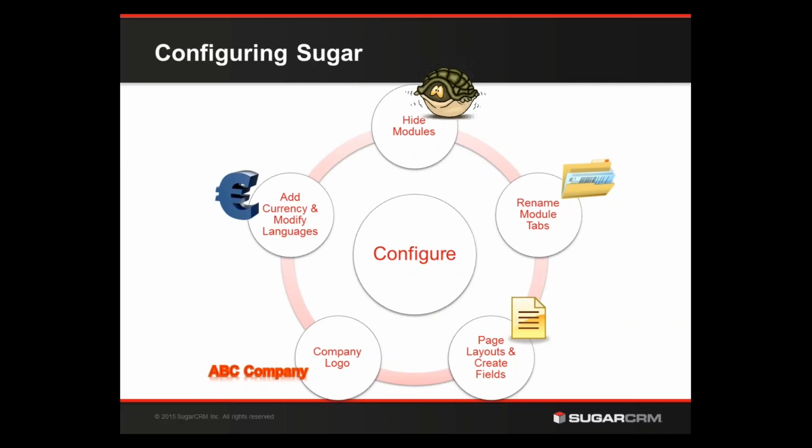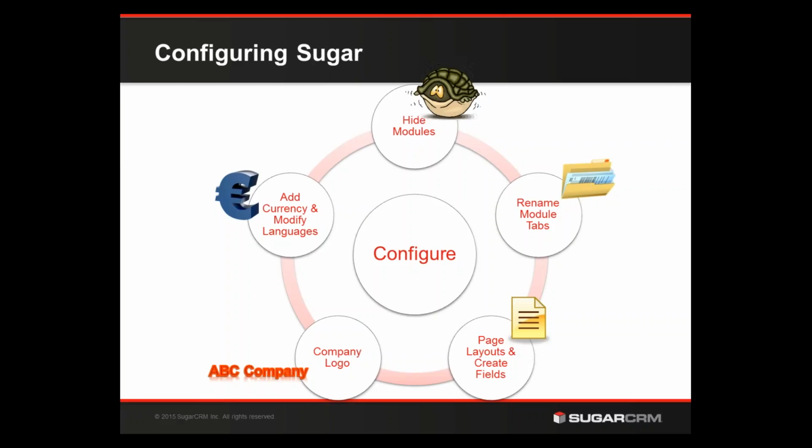And also, especially for those of you that are going to be using currency that's not just US dollar, or you're going to be using languages that's not just English, you need to be able to add those currencies or modify the languages. Okay, so we give you several languages out of the box, and the terms on a particular field may be called something, but keep in mind if you rename a module, you're going to have to rename that module in all the languages that you support.